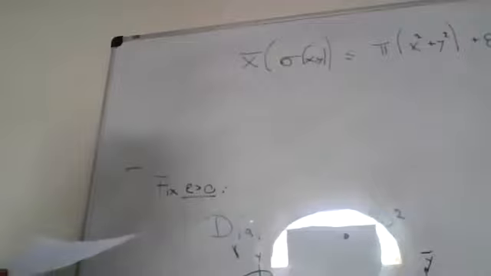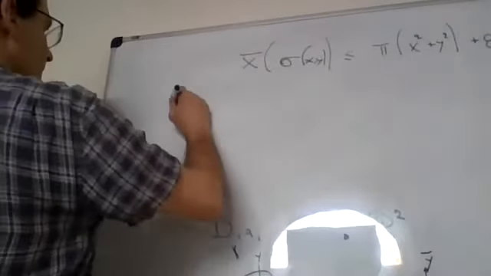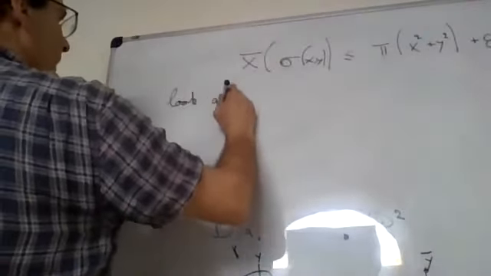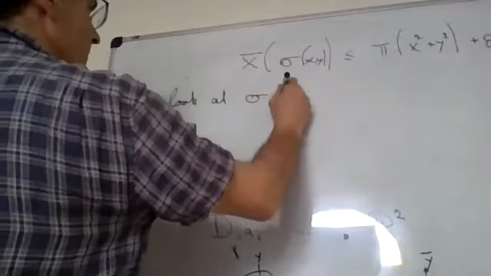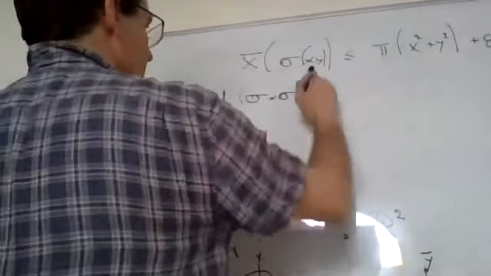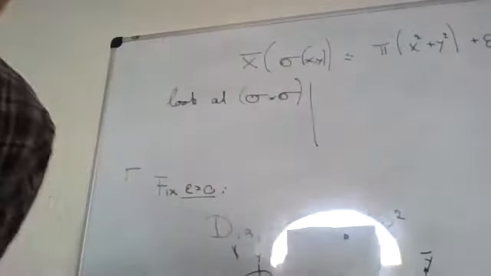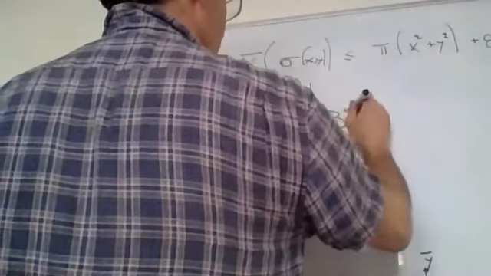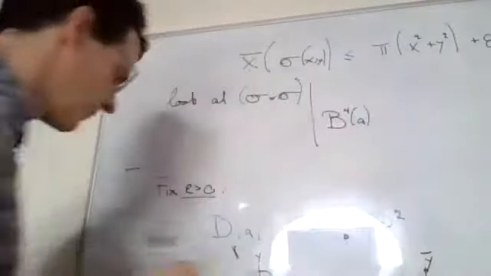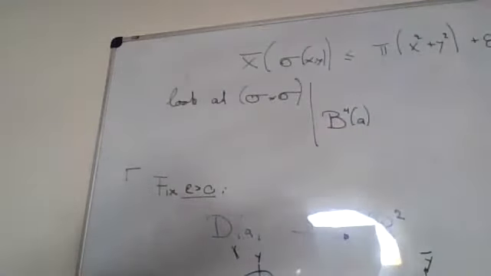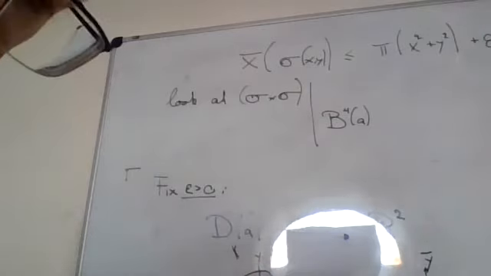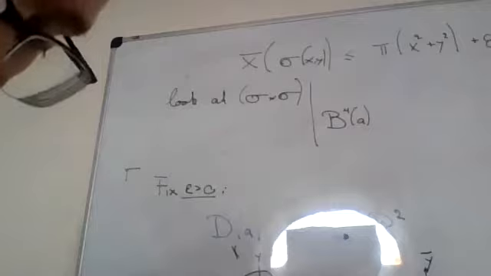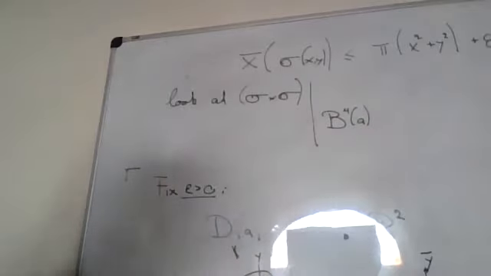So now you look at sigma cross sigma, but this is defined on the polydisk, and you restrict it to the ball, right? Okay, so I claim that the image is essentially contained in the triangle cross the square of before. Okay?